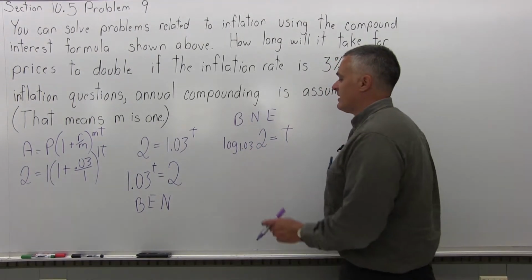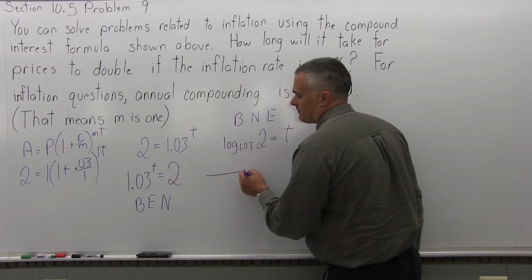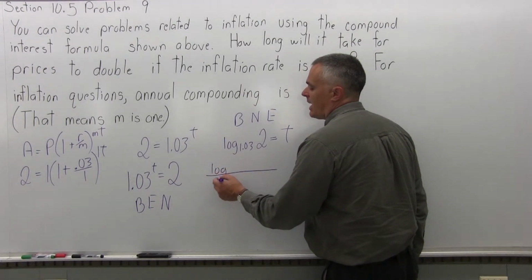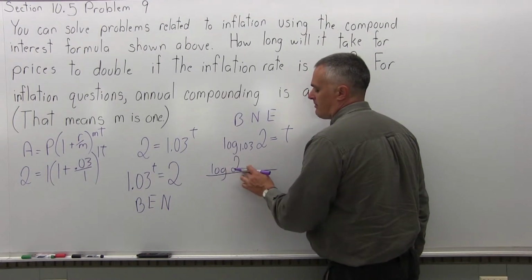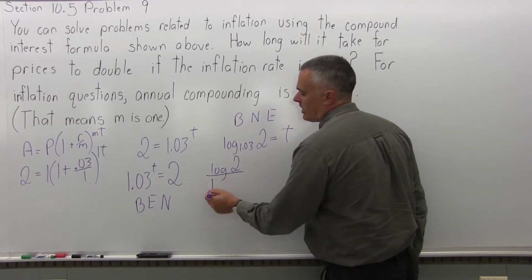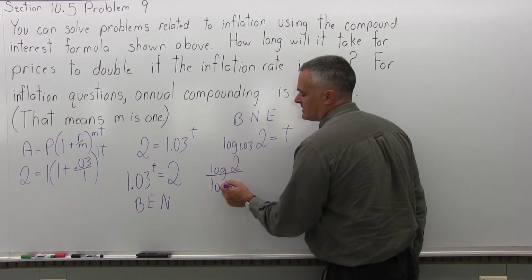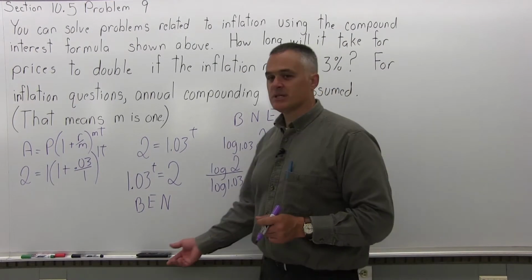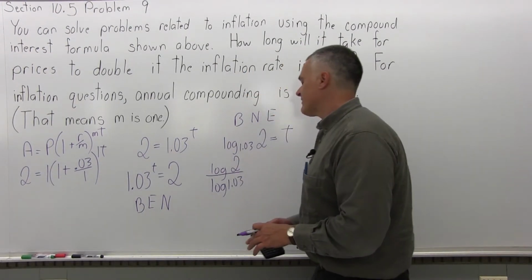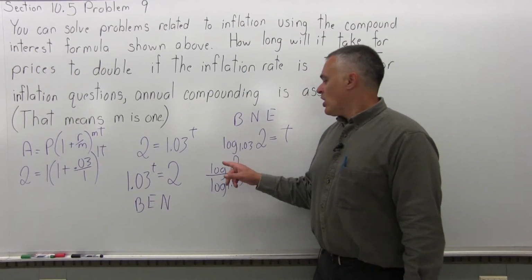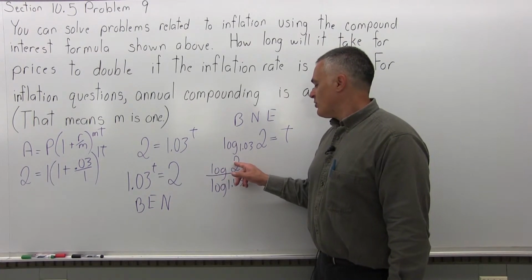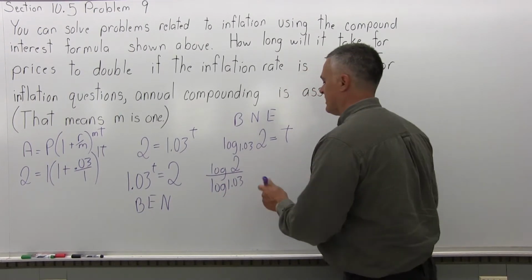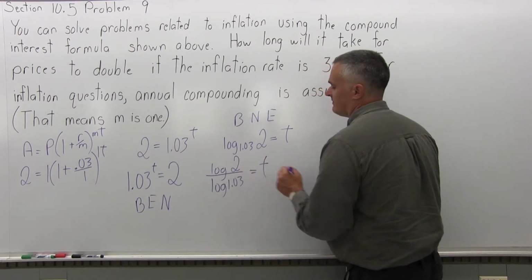So I want to use that change of base form where the common log of the number goes in the top and the common log of the base goes in the denominator. Again, common log is just base 10, and I picked that because the calculator will do it. So I have to figure out the fraction, common log of 2 in the numerator, and then common log of 1.03 in the denominator, and that will be equal to t.